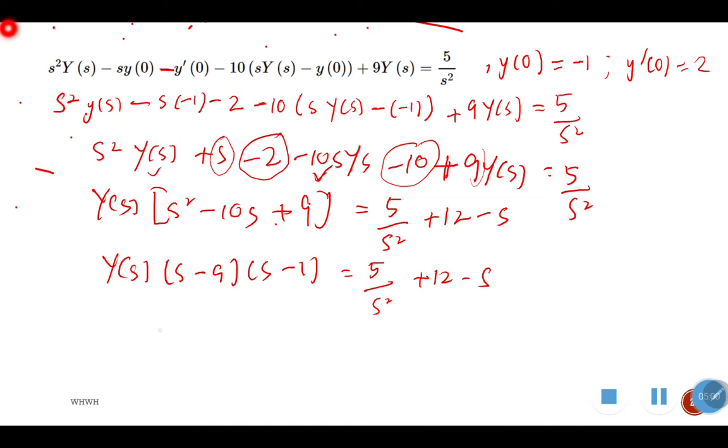From here we get Y(s) equals 5 over s squared times s minus 9 times s minus 1.